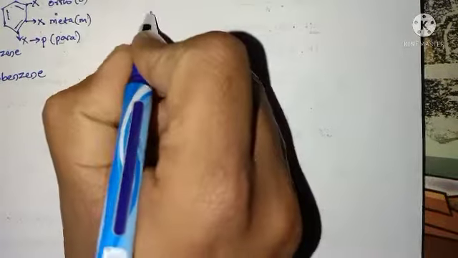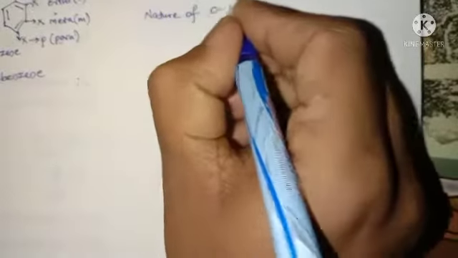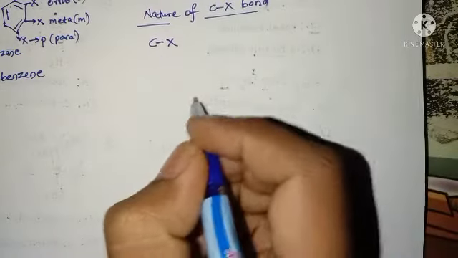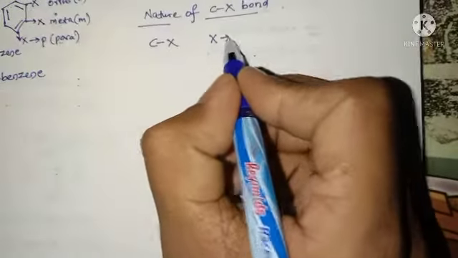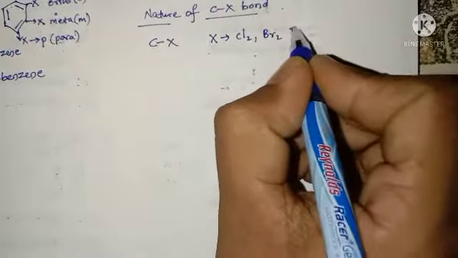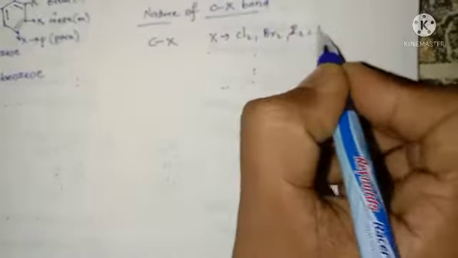Next we have one more small concept, that is the nature of the C-X bond. We are looking at the C-X bond in haloalkanes and haloarenes. Here X means chlorine, bromine, iodine and fluorine.